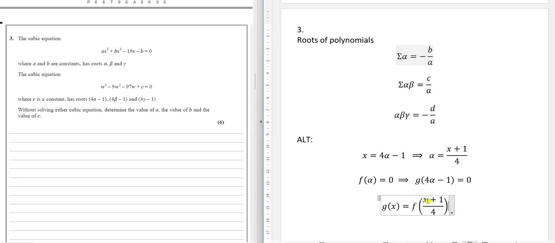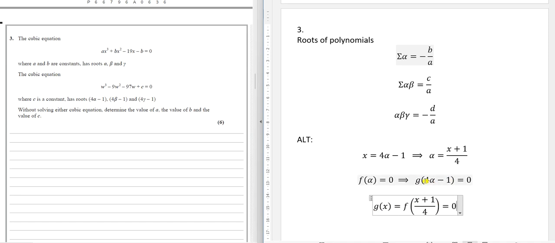You can check that by saying to yourself, what happens if in place of x I put 4 alpha minus 1? Well, if g of x is equal to f of x plus 1 over 4, then g of 4 alpha minus 1 will be f of 4 alpha minus 1 plus 1, that's 4 alpha, divided by 4, that's alpha, and f of alpha is 0.